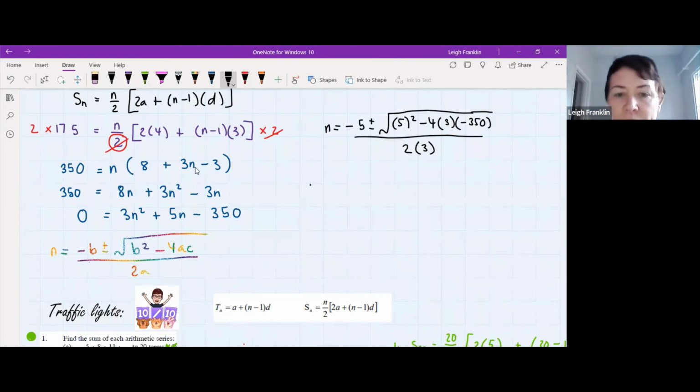Okay, and now we're going to get 2 solutions for n. One will be valid and the other one will not be valid, and we'll talk about why now. Let's see what you guys get as an answer. What are your two solutions for n?